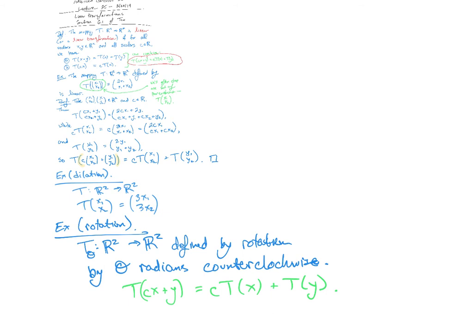This is saying if you stretch x out and add y and then rotate, that's the same as rotating x, stretching it out, and then adding the rotated version of y. I mean, you can just draw a picture to convince yourself of that, right? Okay. So it's linear. We don't even have to write down the algebraic version. What else could we do?